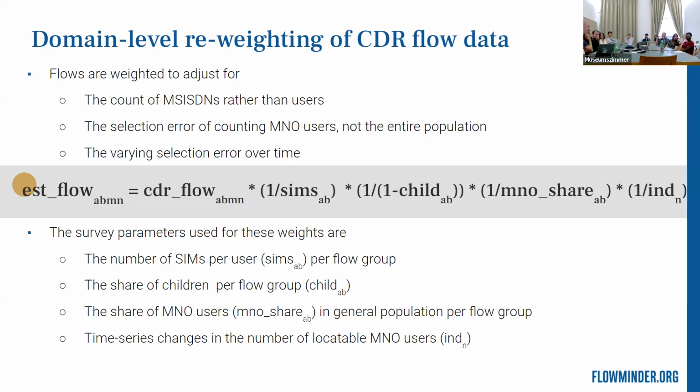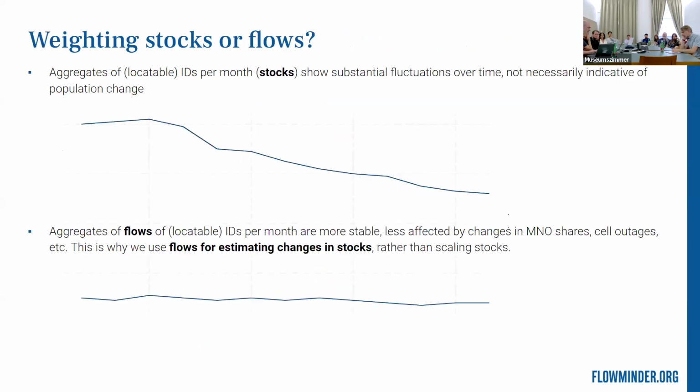And a time series adjustment factor, because we see over time, particularly with this long time series that we now have, that the volume of the data does change over time, not necessarily because the population is drastically changing, but because market shares can change. And indeed, this is a symbolic graph that I'm showing here.